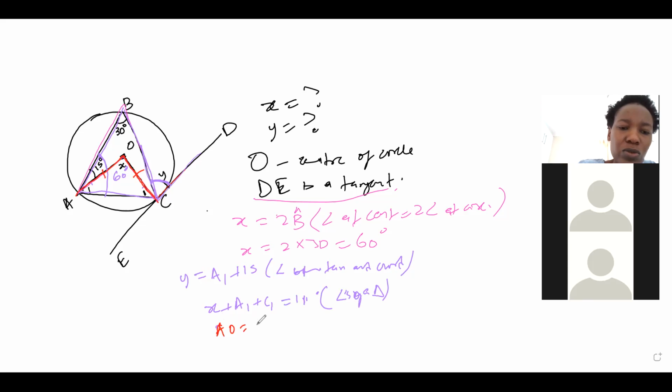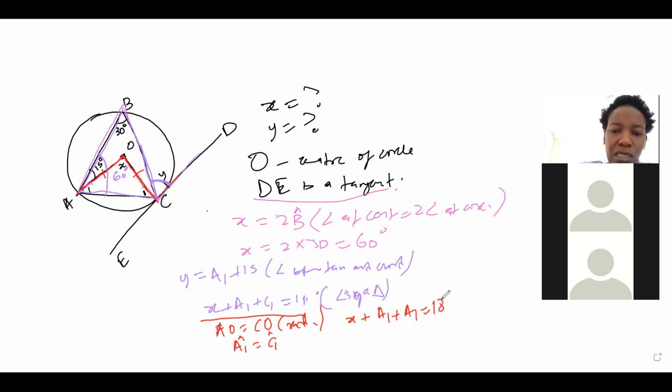So AO is equal to CO. If those two sides are equal, their opposite angles are also equal. So C1 is A1, and we can replace them. So X plus A1 plus another A1 is 180 degrees. X is 60, plus 2A1 is 180. We take 60 to the other side, that gives us 120. We divide by 2, so A1 is 60 degrees.